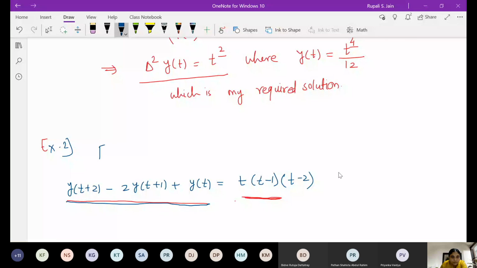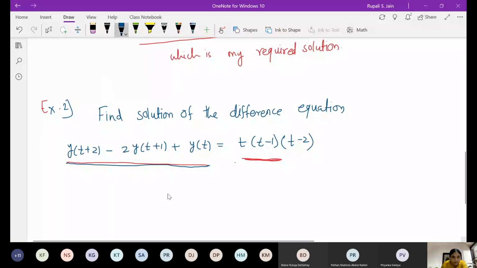This can be rewritten as delta square y t is equal to, what will be this? t to the 3 falling. Am I right? t to the 3 falling.